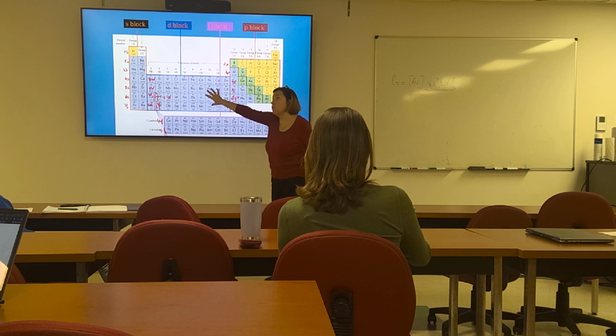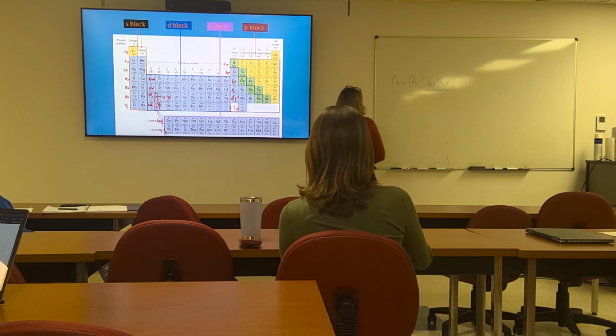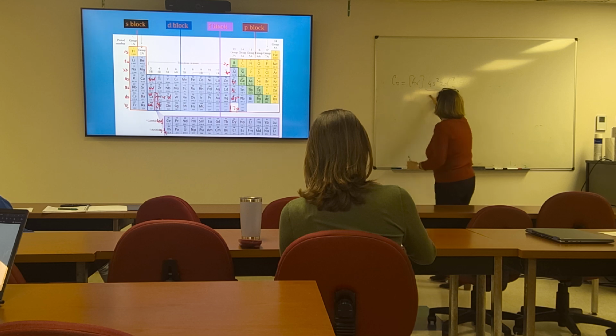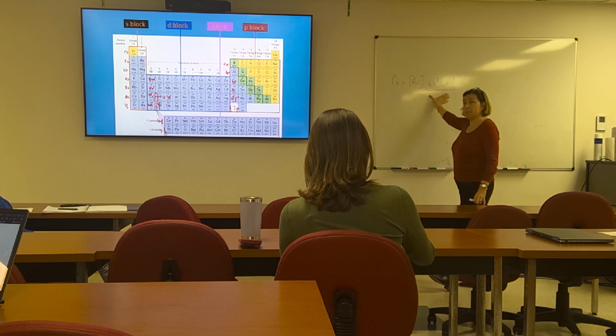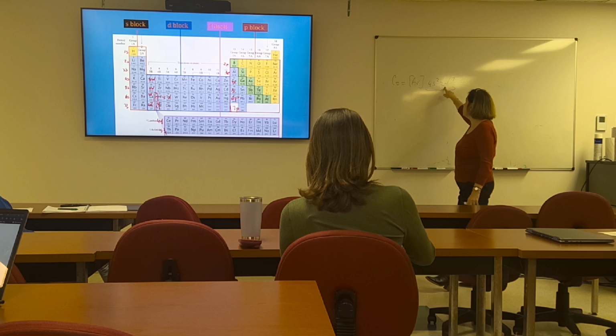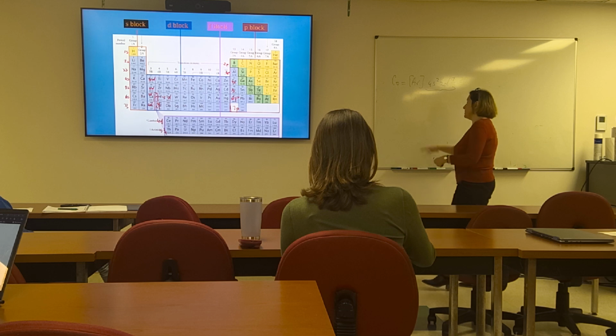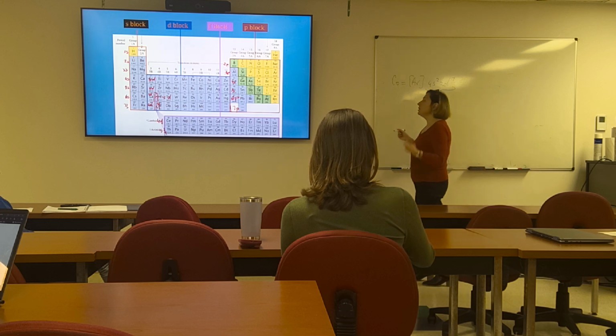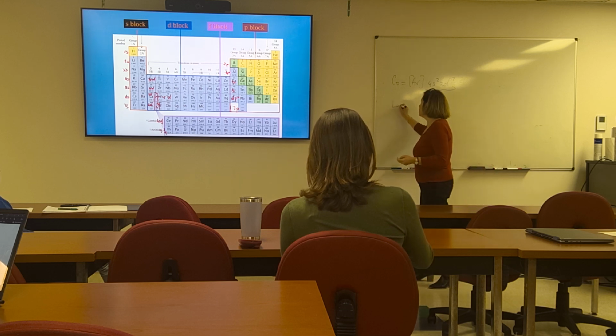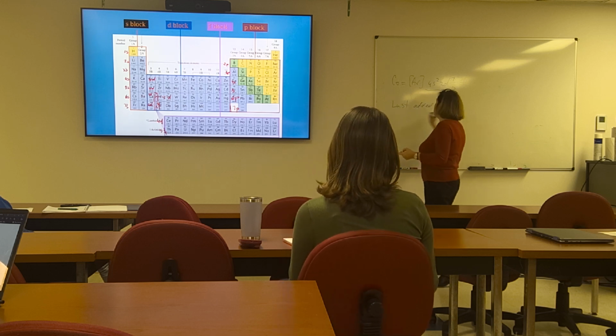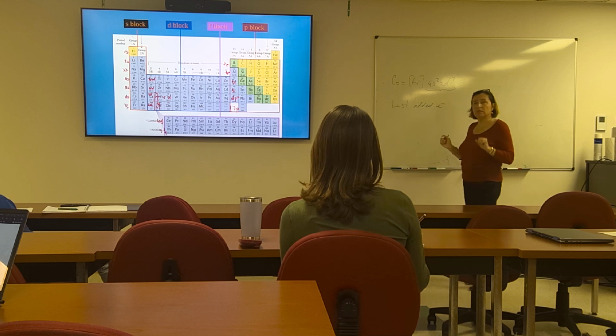Okay, for the d orbitals, for the d block elements, the valence electrons are these, both of them, but the last added electron is going to be in the d orbital. Okay, so if I'm going to say, write the quantum numbers for the last added electron in this element, in cobalt.